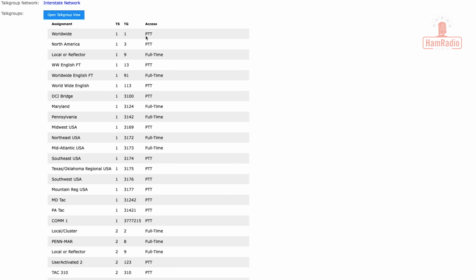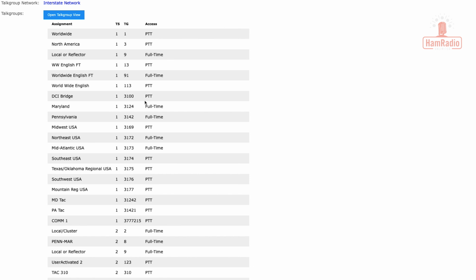And it stays active for, depending on the timeout, I think it's typically 10 to 15 minutes. So if you don't transmit on that talk group in that amount of time, it'll time out and go back to the PTT mode. However, if you're talking and active on it, it will keep it connected until it eventually times out.